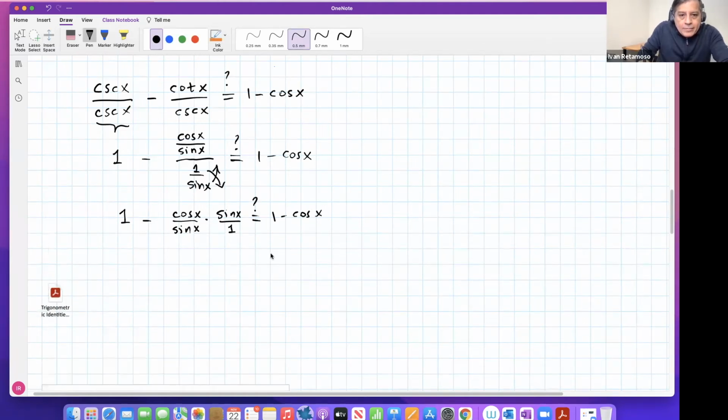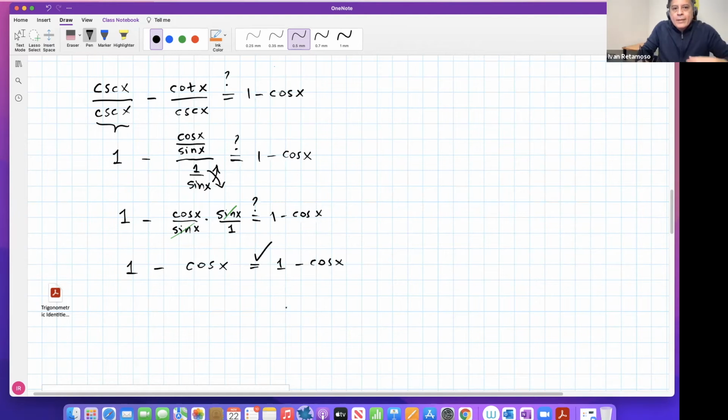Great. Now if we continue, this will be 1 minus, canceling this sine and sine, 1 minus what? Cosine of x over 1, but cosine of x over 1 is just cosine of x, right? And that is equal to 1 minus cosine of x here, identical now, so check.